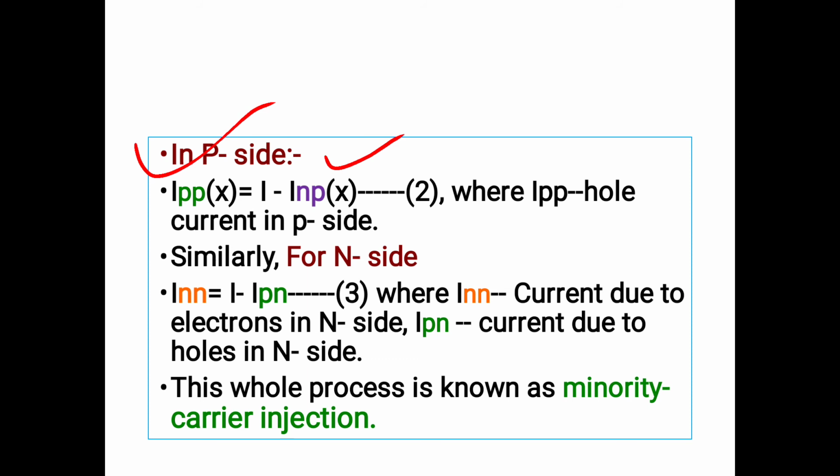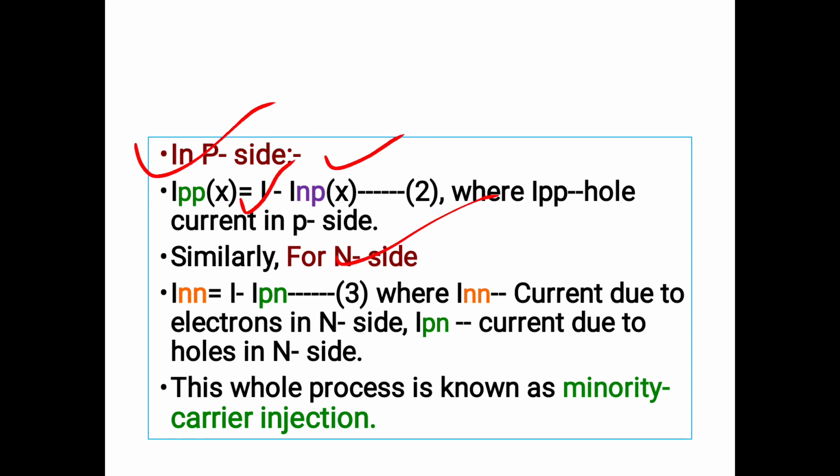Thus the current IPP decreases towards the junction at just the proper rate to maintain the total current I, which is constant, that is, independent of x. A similar case applies to the N side.